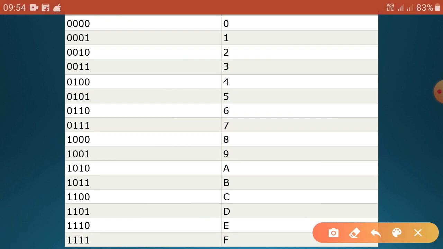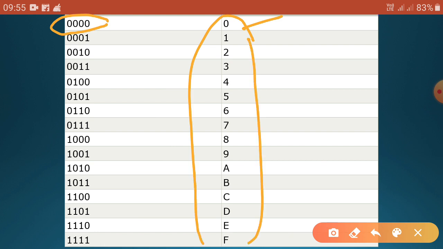Here, if you want to represent a binary number as a hexadecimal number, for the binary number system it is 0000, and in the hexadecimal number system it is 0, because we know that in the hexadecimal number system we have the symbols from 0 to F. So F denotes 1111, E denotes 1110, that is in binary.